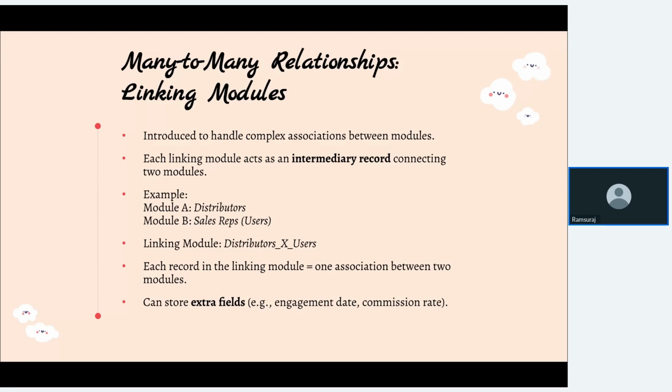If you have a scenario where both sides can have many links, for example module A is linked with module B, and you also need to store extra data about the link, then a linking module is an ideal choice. It scales well, integrates seamlessly, and supports clean reporting and automation.